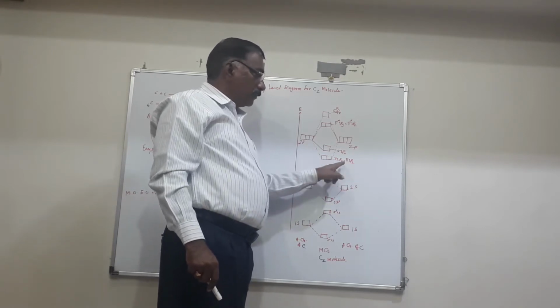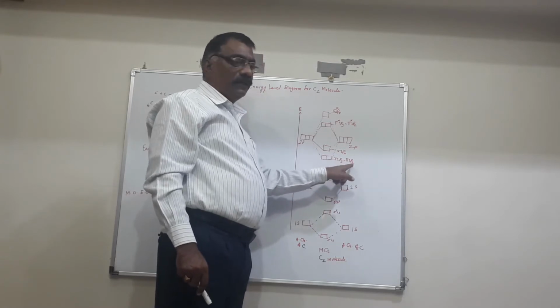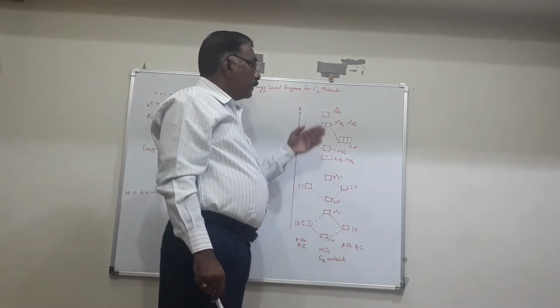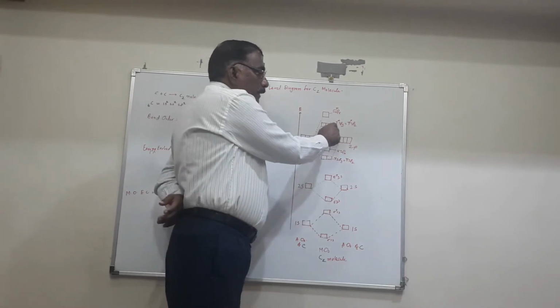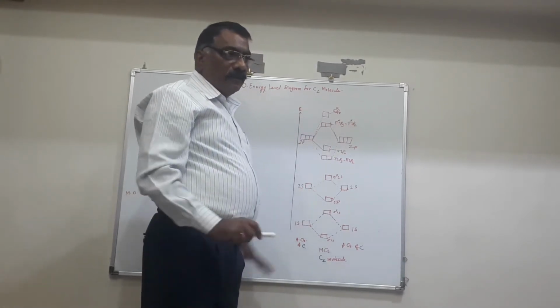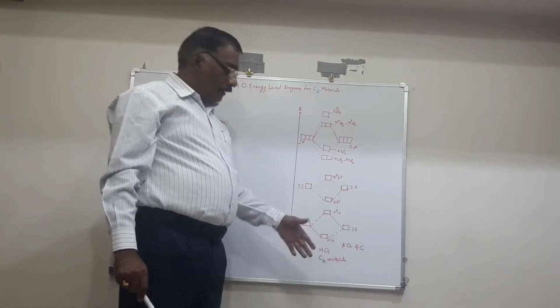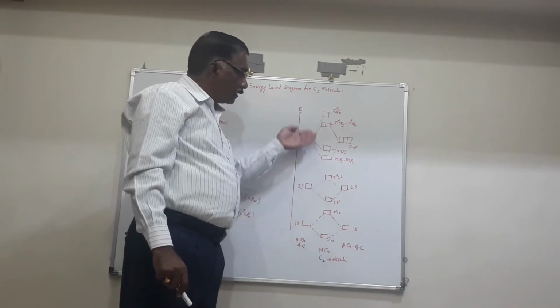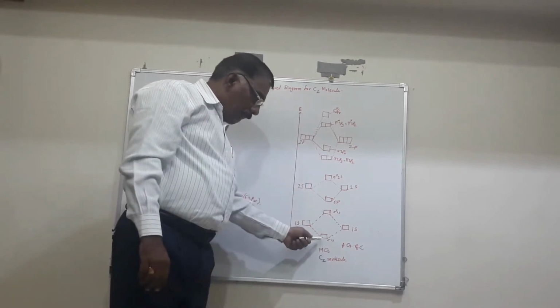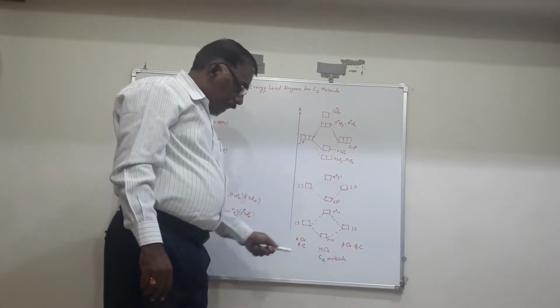They have the same energy, so pi 2py has equivalent energy to pi 2pz. Similarly, the antibonding pi star 2py has equivalent energy to pi star 2pz. Thus we see the combination of the first carbon and second carbon to form the molecular orbitals between these two carbon atoms.